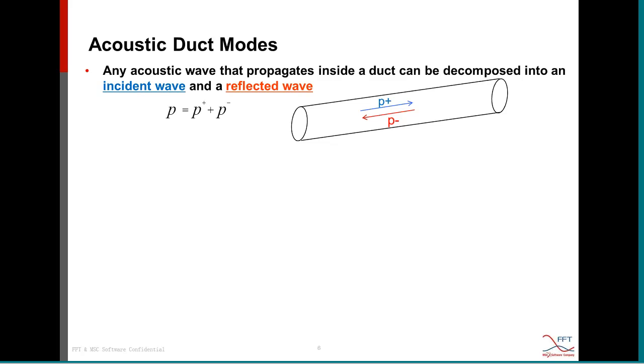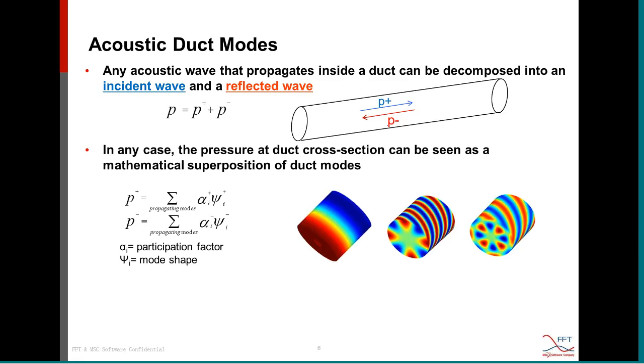First, to understand what a duct mode is, it is important to recall that in a typical duct or pipe, the total acoustic pressure inside that duct is the sum of an incident wave propagating downstream, in this case to the right, and the reflected wave that is propagating upstream back to the left. And in any case, both the incident and the reflected pressure waves can be seen as a mathematical superposition of acoustic duct modes.